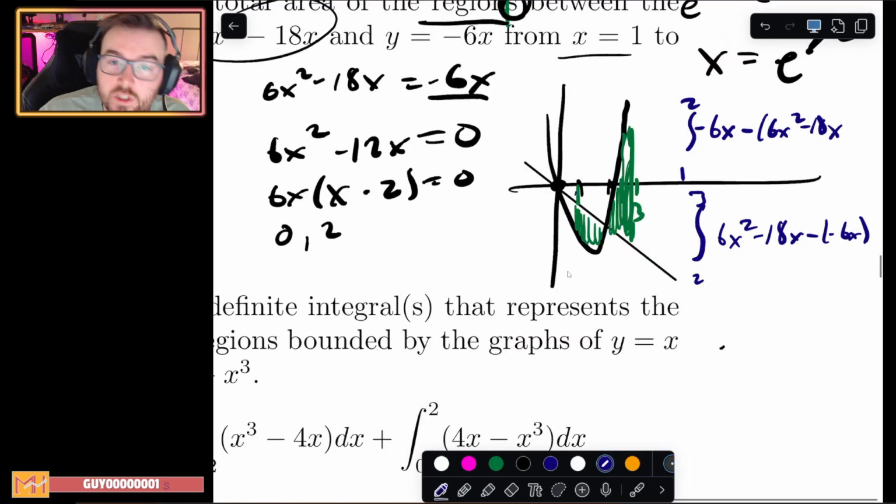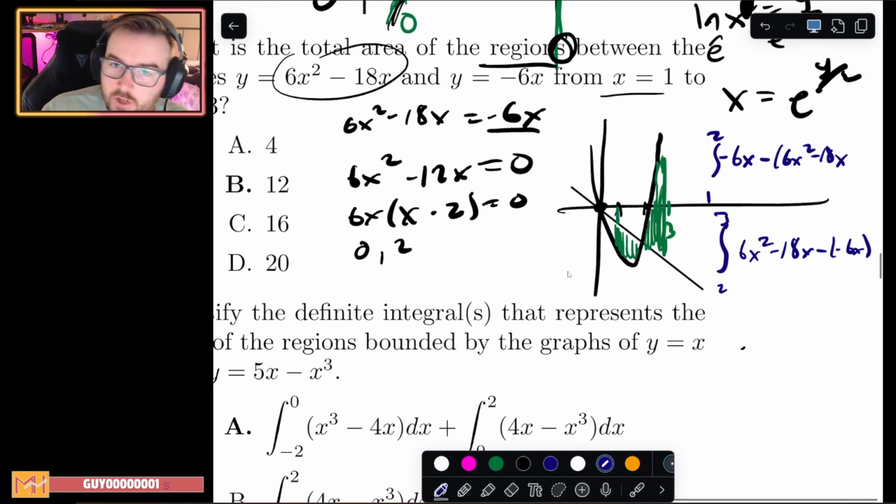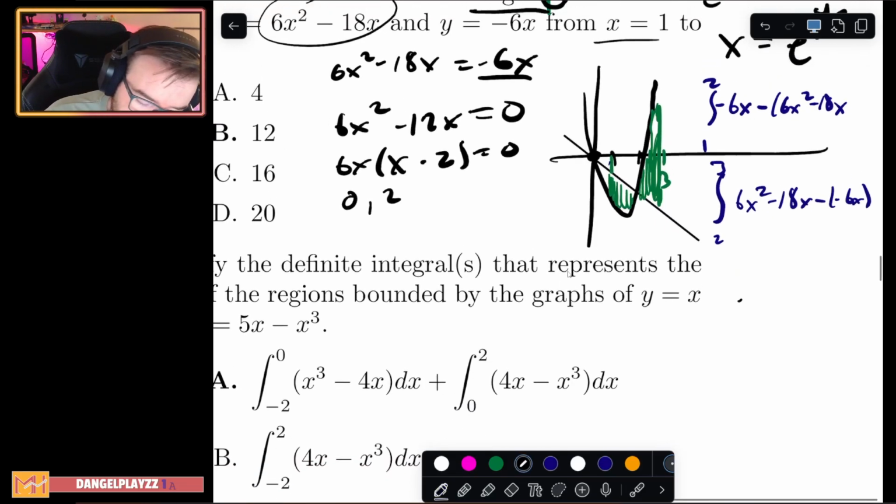So there's really two separate integrals that we're doing here. Because if you try to do them at once, the crisscross nature, it has to be top minus bottom because you need all this area to come out positive.